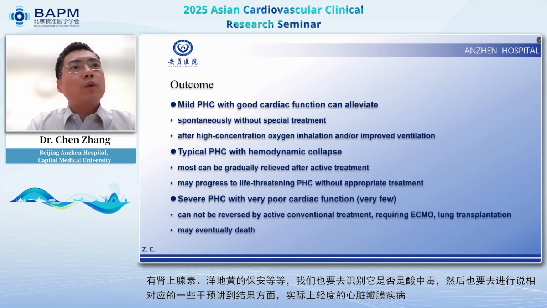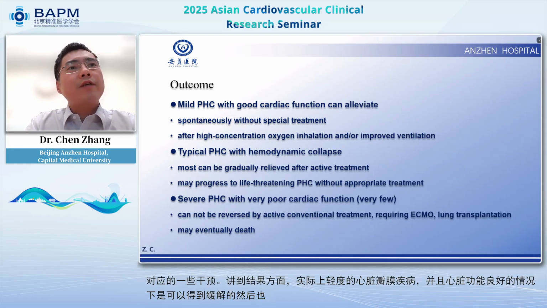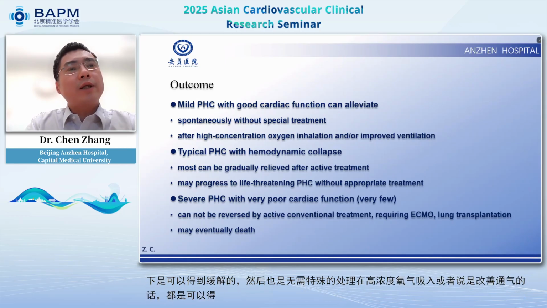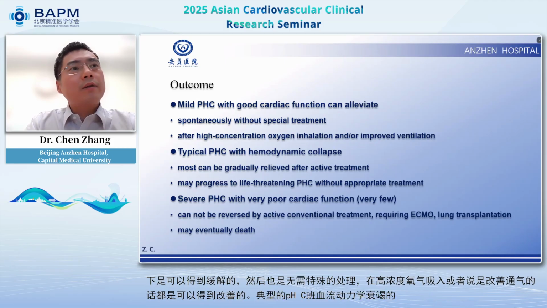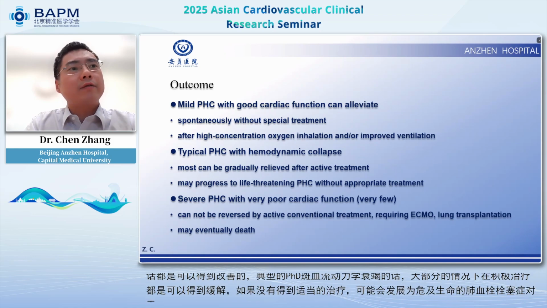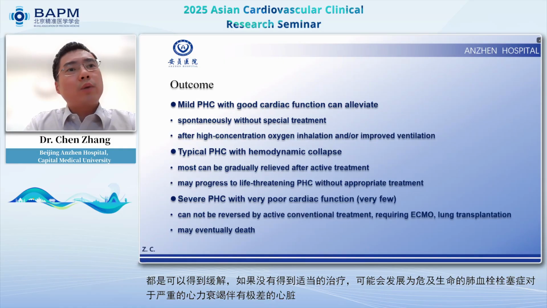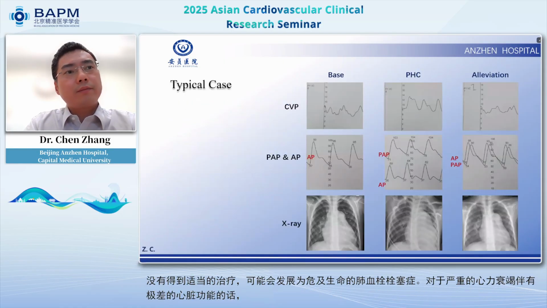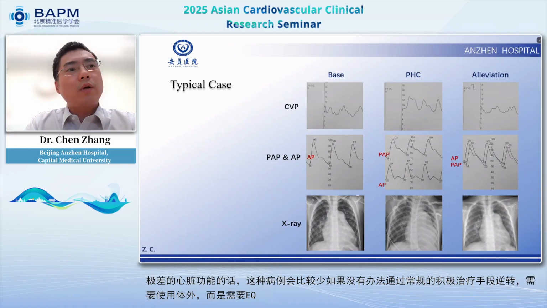For typical PHC with hemodynamic collapse, most can be gradually relieved after acute treatment, but may progress to life-threatening PHC without appropriate treatment. And severe PHC with very poor cardiac function cannot be resolved by conventional treatment without ECMO or lung transplantation. This is a typical case of PHC with typical hemodynamic indicators and X-ray changes.